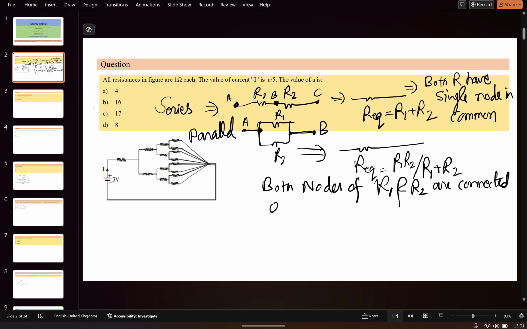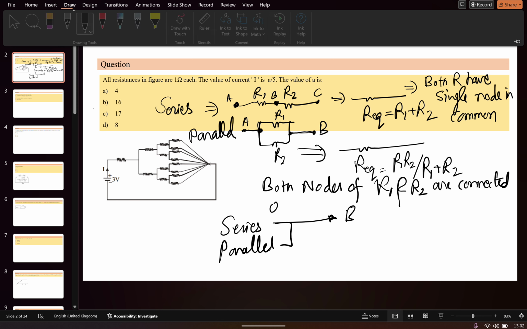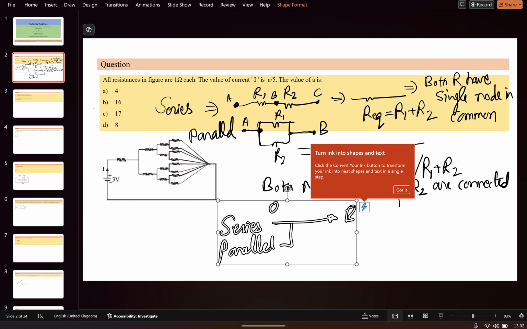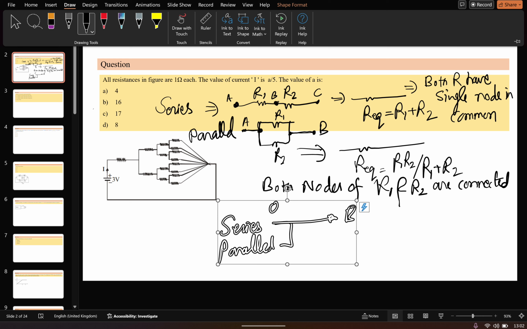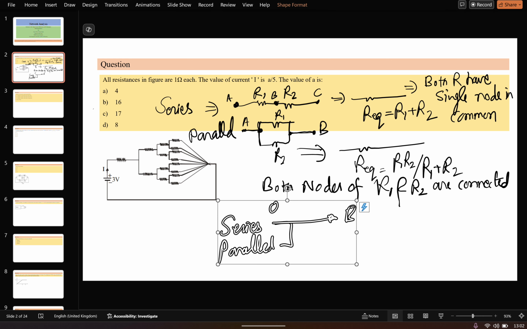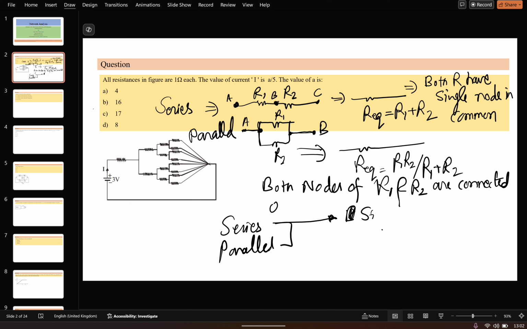So how to differentiate between series and parallel combinations, how to judge? In the series connected system, a single node will be common, and in the parallel system both nodes will be common.